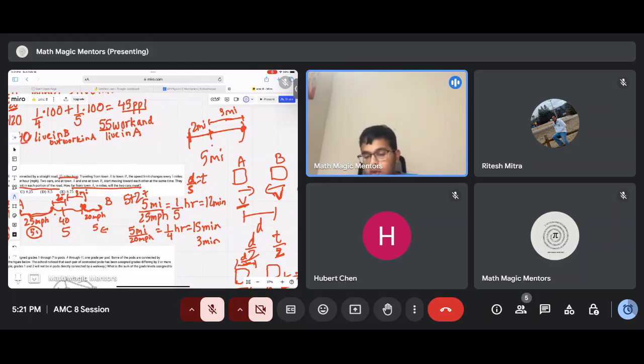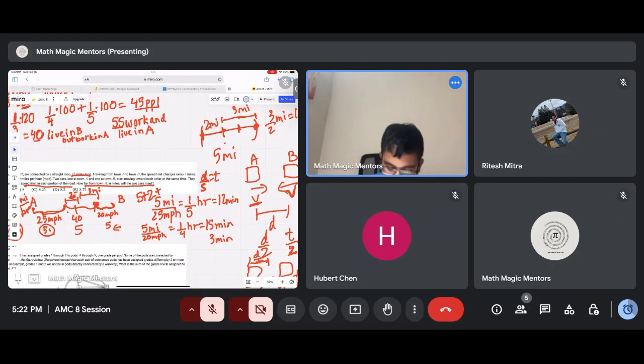So they're traveling the same speed, but they still have to cover the 3 miles. That means they're going to meet at 3/2 miles, which is 1.5 miles. So that gives us 5 plus 2 plus 1.5, which gives us 8.5 for D.